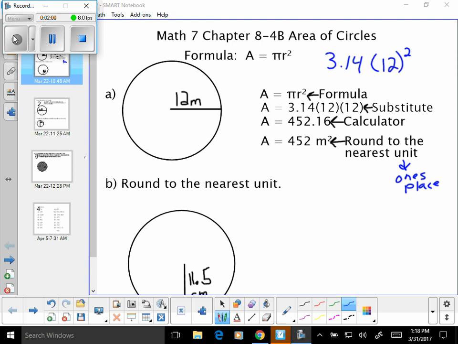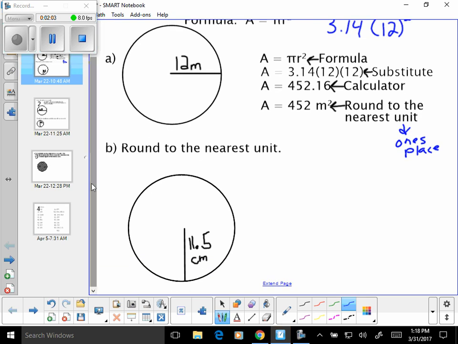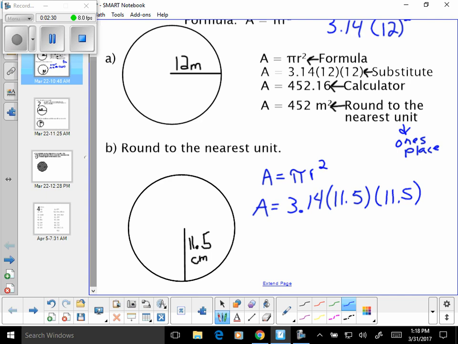All right, so let's look at example B. Or if you'd like, you can hit pause, do it yourself, and then I'll walk through it. First of all, we want to write down the formula, pi r squared. Generally, we are going to use 3.14 for pi. I have the radius here. This is a radius. So I'm going to put in 11.5, and I'm going to put it in there twice.